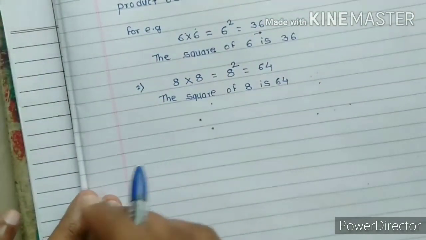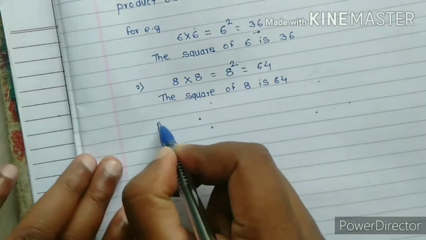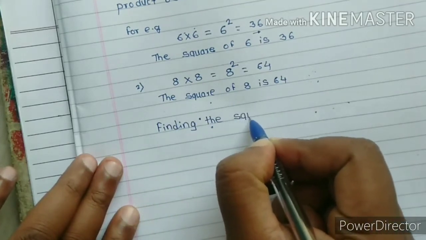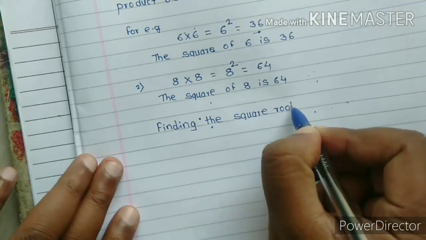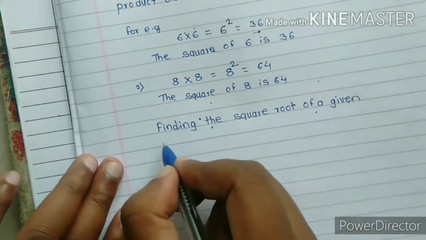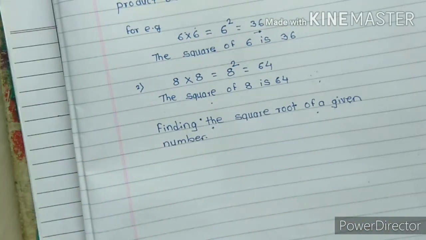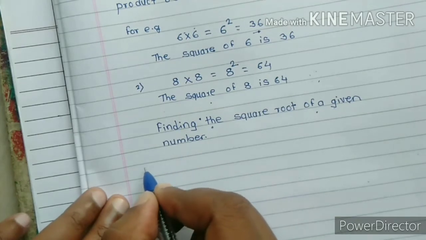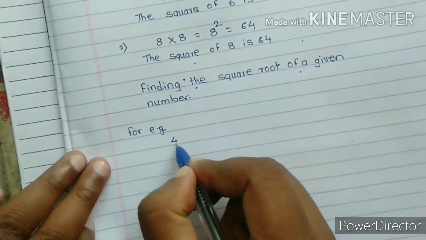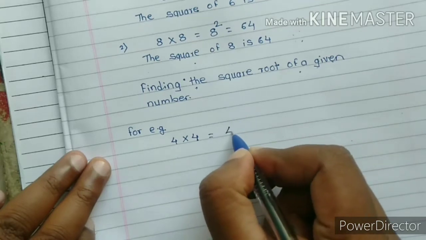Then the next point is finding the square root of a given number. For example, 4 into 4 is equal to 4 raised to 2.